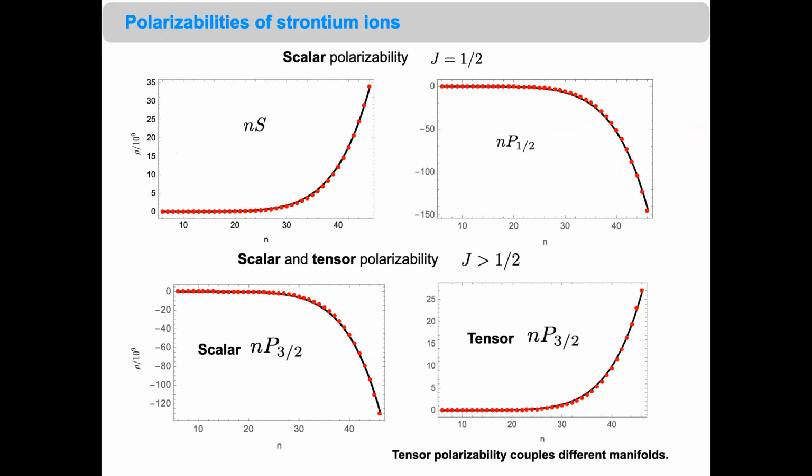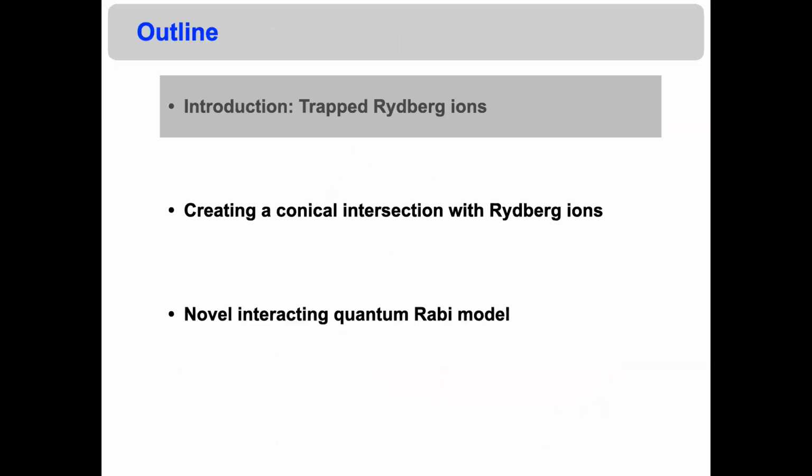In the experiment, tensor polarizability means that more electronic states will be coupled. So if we want a nice simple model, we can try to excite NS and NP 1/2 states, such that this additional electric potential will be relatively simpler.